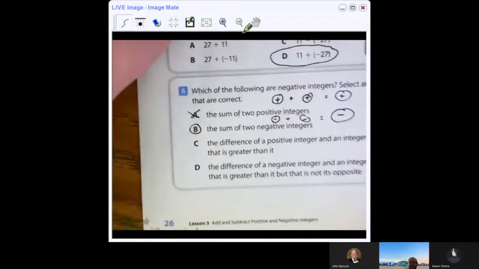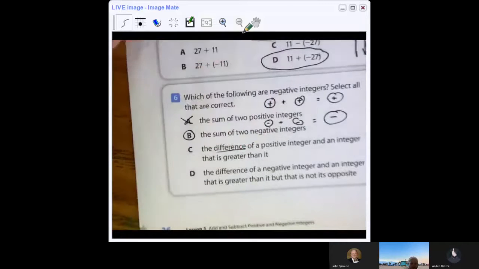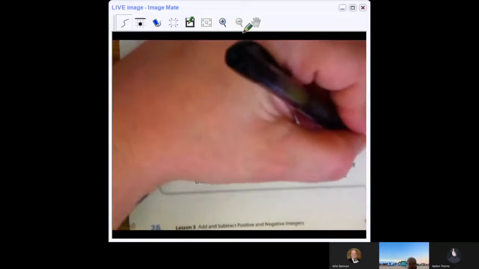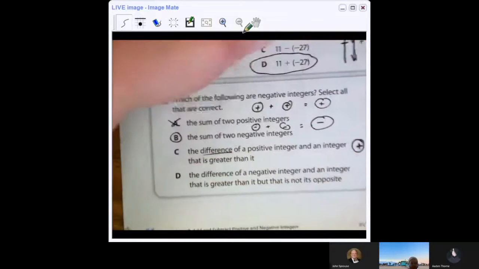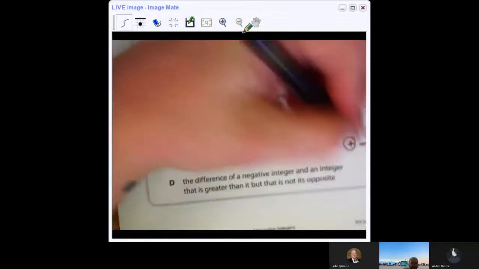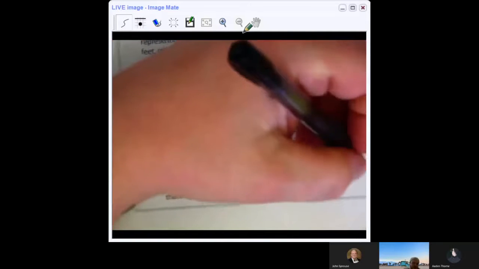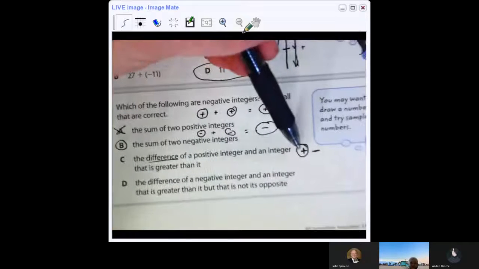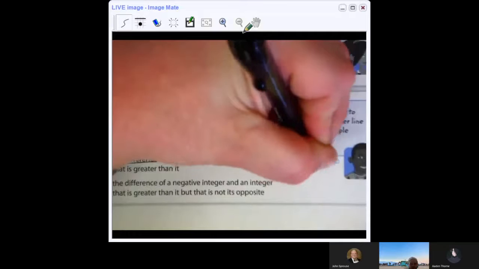Now C says the difference of a positive integer and an integer that is greater than it. So the difference of a positive integer, so that means some integer that's positive, subtracted by an integer that is greater than this one here.